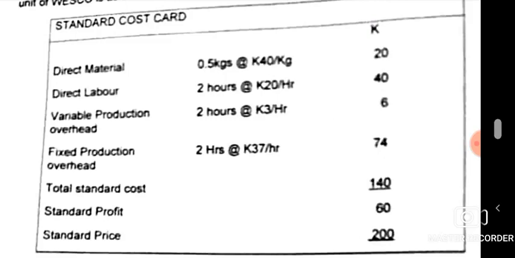So this is how a cost card looks. In this video we are just looking at the variances specifically. There will be another video where we'll explain the cost card on its own.